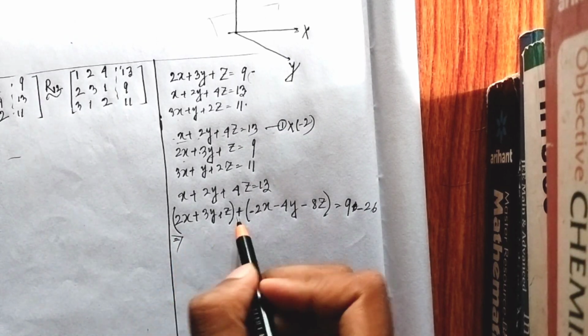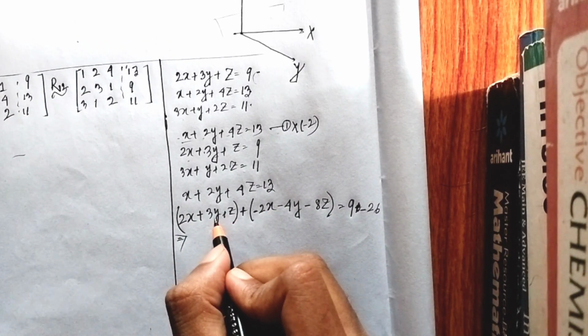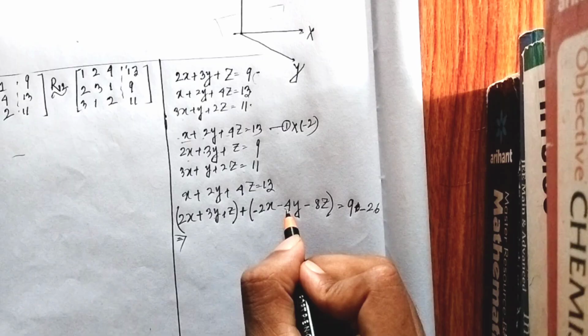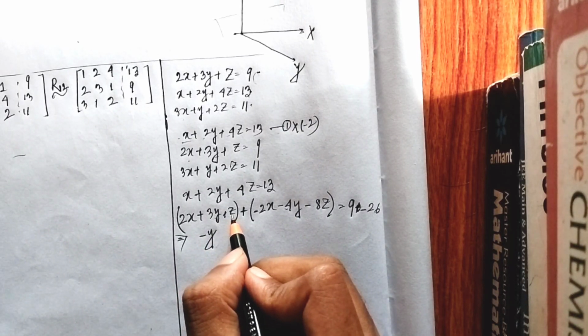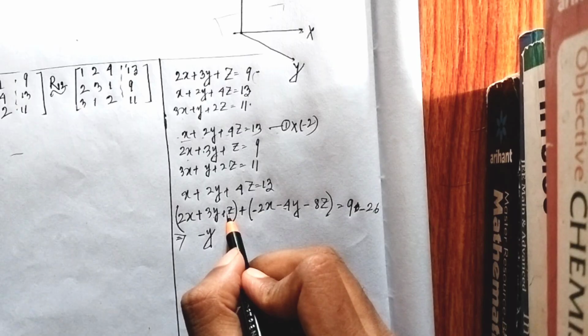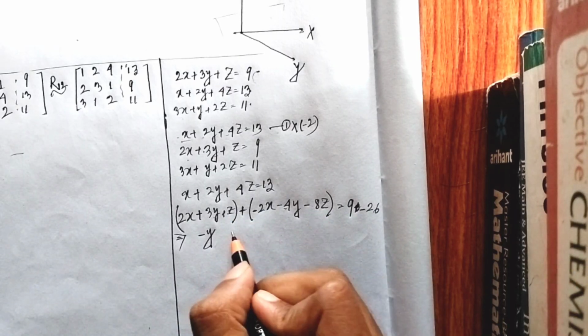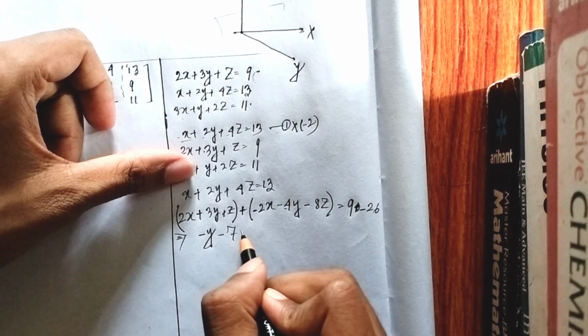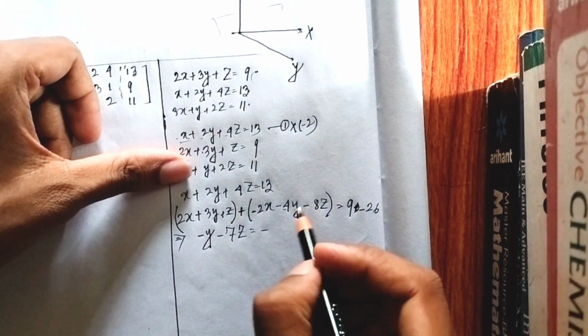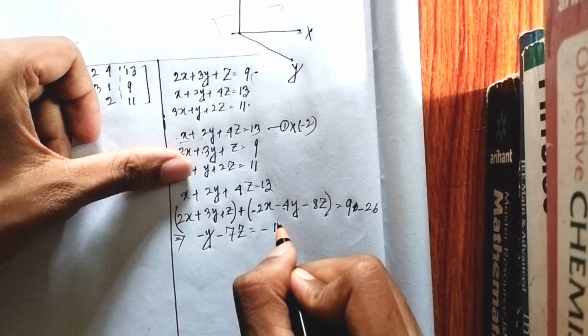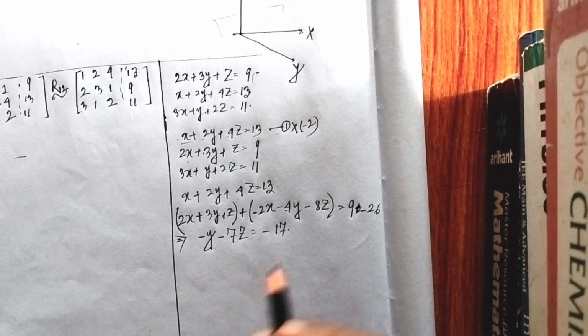So what we will have, this cancels out, 3y minus 4y, that means minus y. Okay, z minus 8z, that means 7z, and this is minus 17. So this is a valid operation.